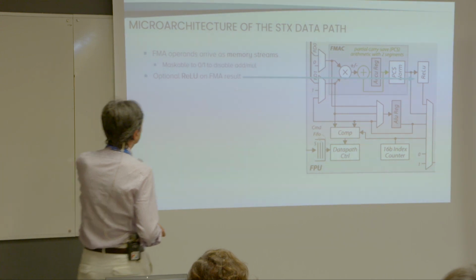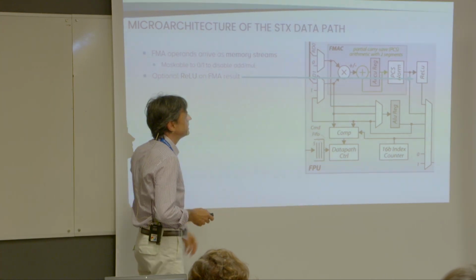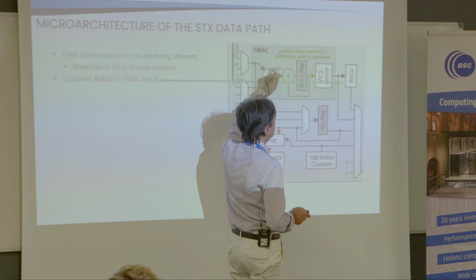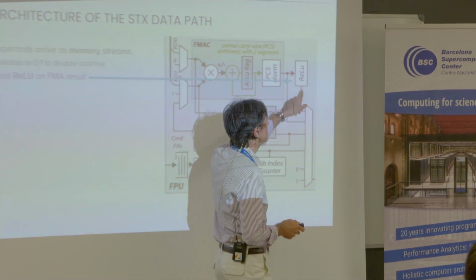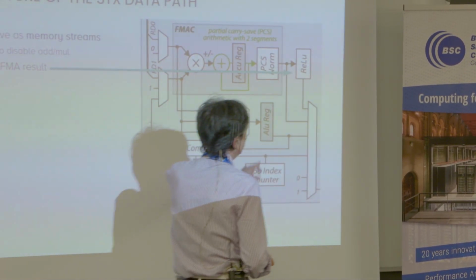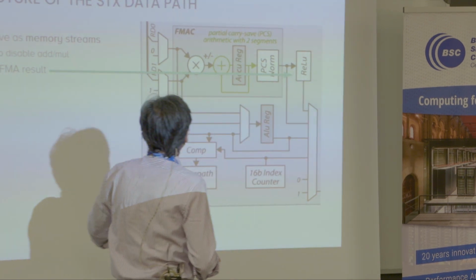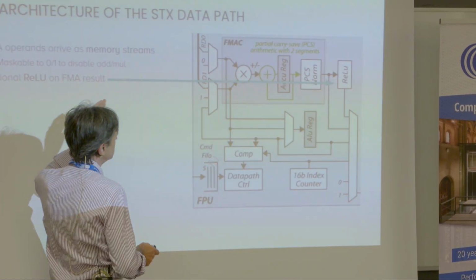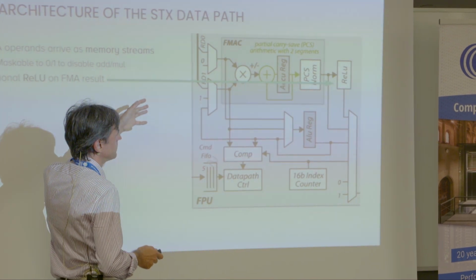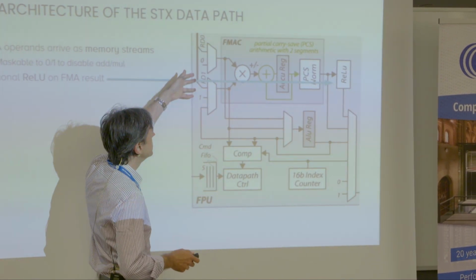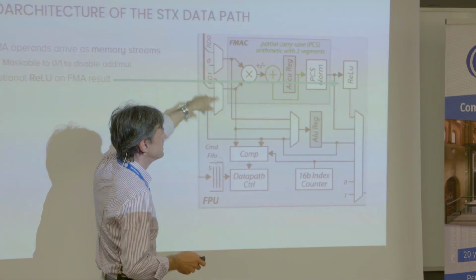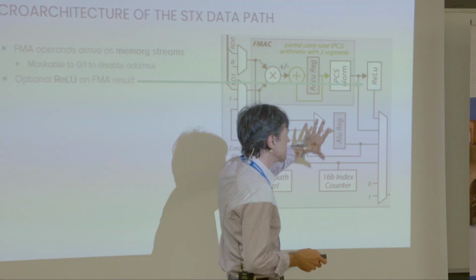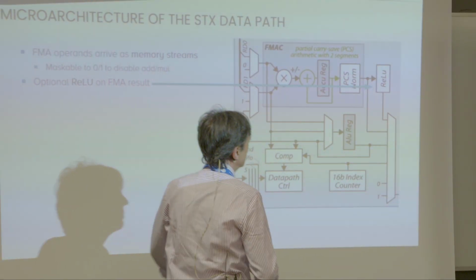For example, the rectified linear unit is a possibility to be applied to the output after multiply accumulation. The unit operates like a streaming processor. So it receives streams of data here, performs the multiply accumulation and possibly other operations, and then produces an output.